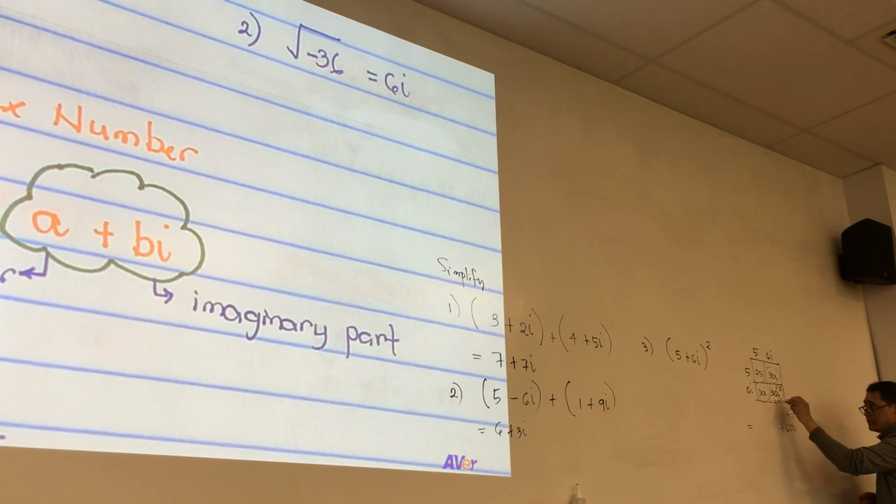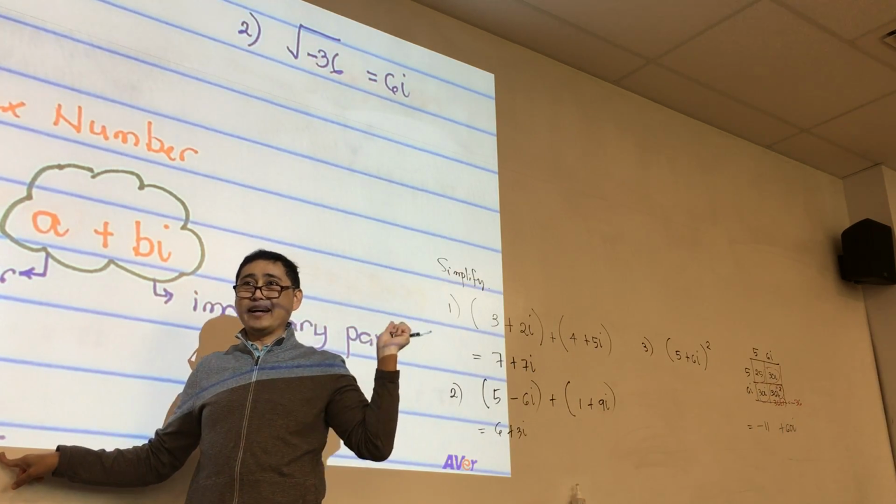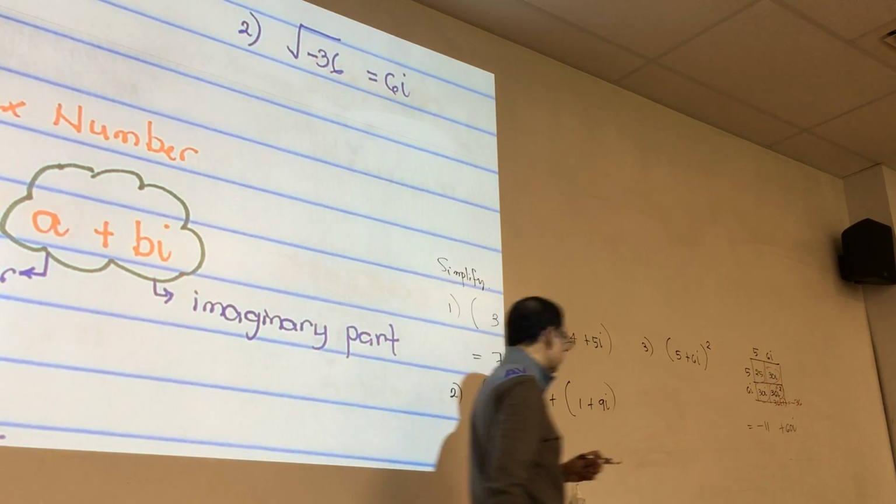So this one is 36 times negative 1. What would that be? Now, negative 36 plus 25. Negative 11. Done. That's it. That's how to use those formulas here when we're simplifying. Okay?